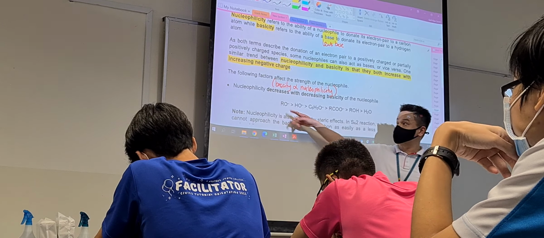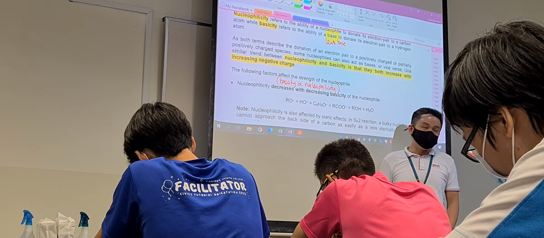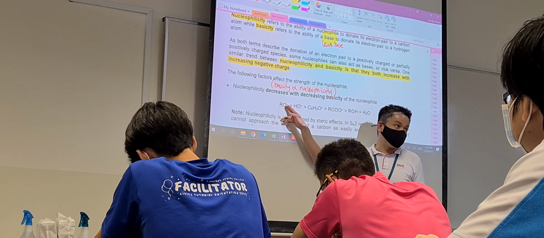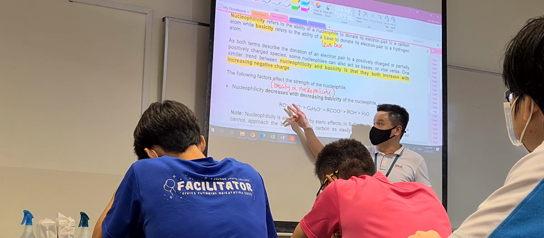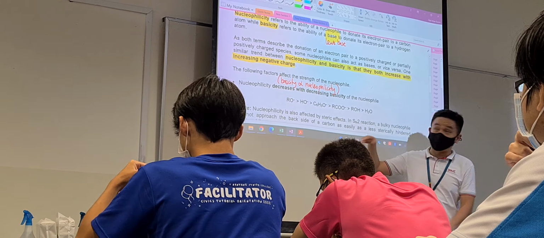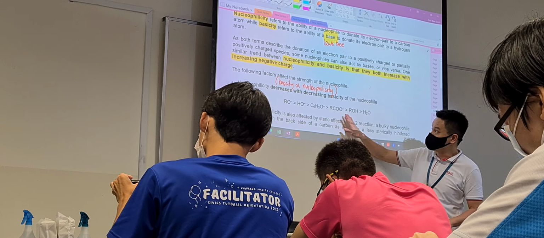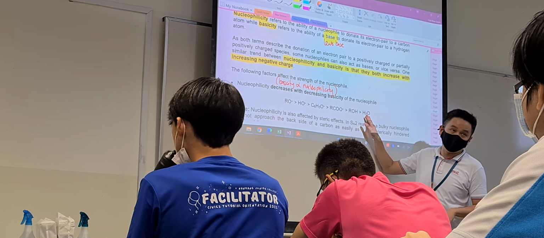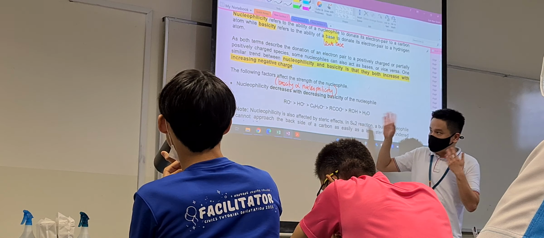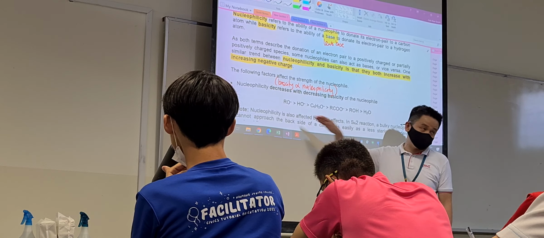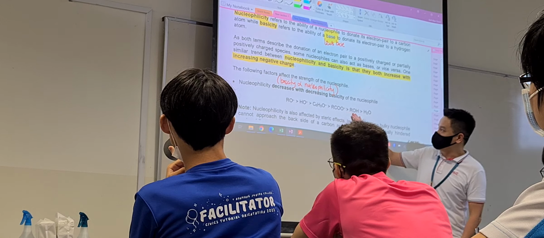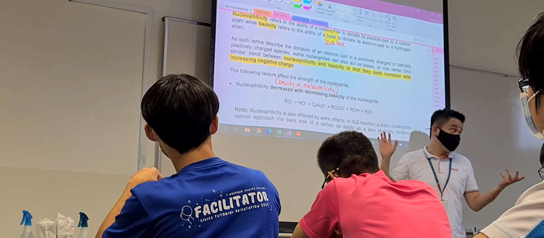RO minus, OH minus. How come RO minus is a stronger nucleophile? Comparing the trend, you notice that those with negative charge are the stronger bases. Those without negative charge will be the weaker bases. Or you can put it this way: those with negative charge, strong nucleophile. Those with no negative charge will be weaker nucleophiles.